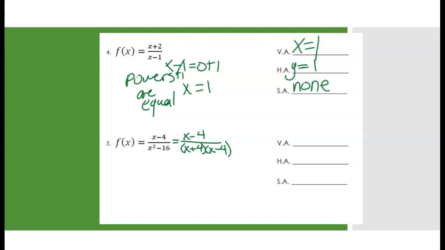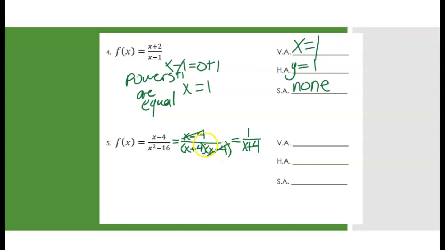Okay. So on number 5, we decided that we could cancel out the x minus 4, correct? Which leaves x plus 4 on the bottom. Good. 1 over x plus 4. This is my new simplified function. There is a hole where x equals what? 4. Good.